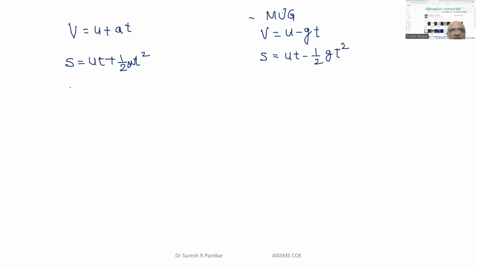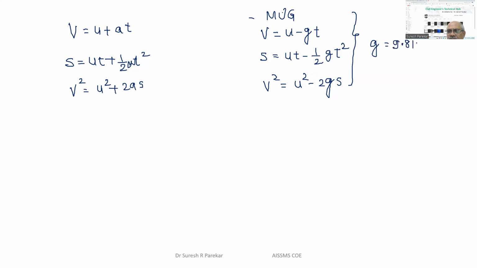And last, I have v square equal to u square plus 2as. Here it becomes v square equal to u square minus 2gs.